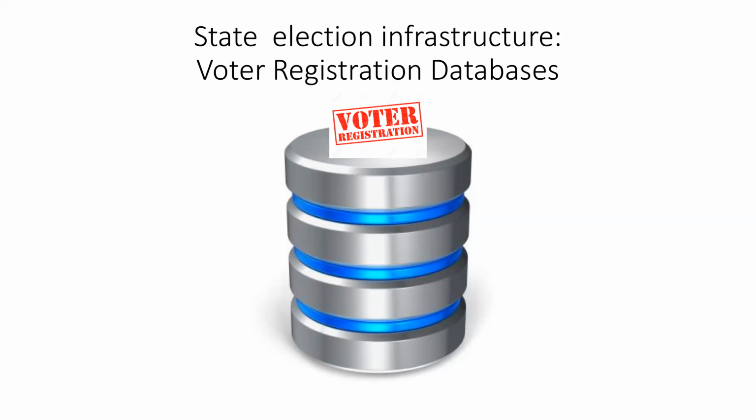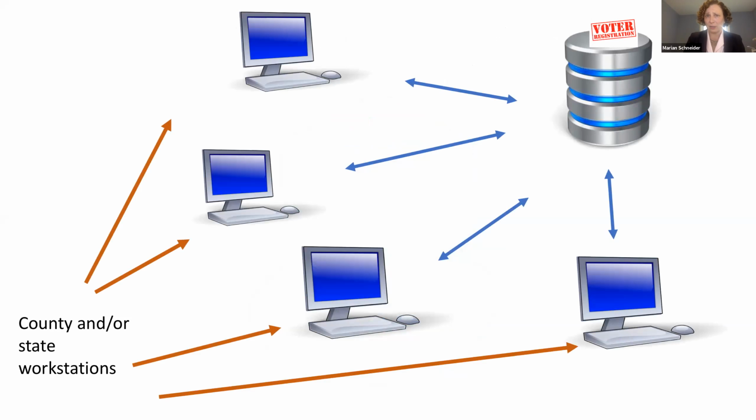So this is just an example of a voter registration database. This is similar to many states. Not all states are like this, but the voter registration database is central, may be maintained at the Department of State or the Secretary of State or the Board of Elections, and it's connected over some kind of a network to other computers at the county or even state workstations.